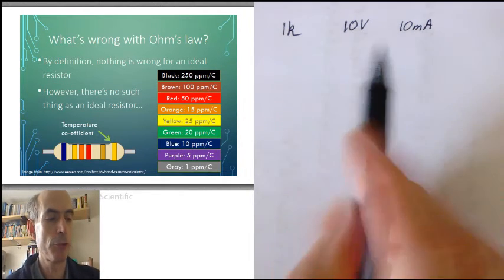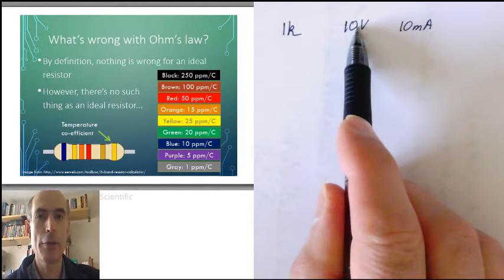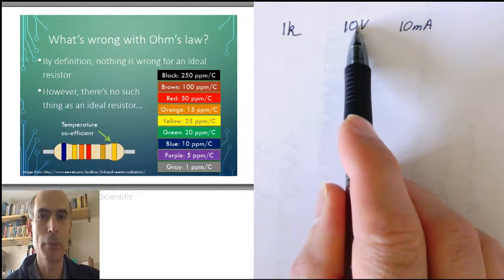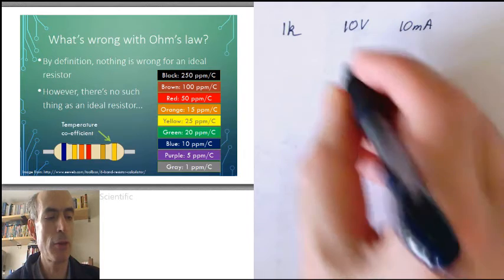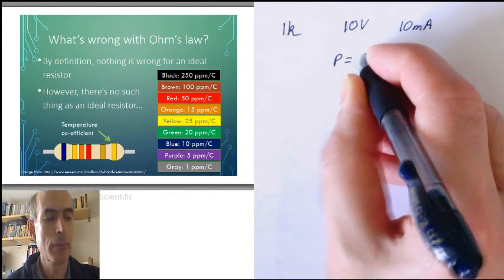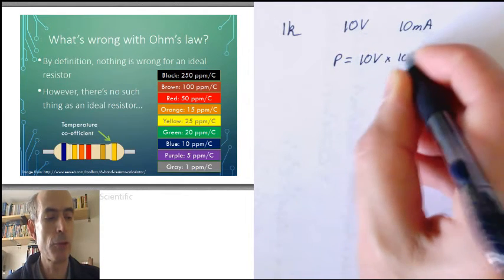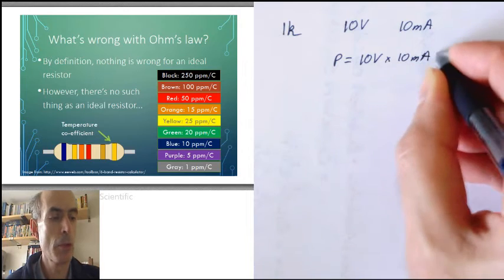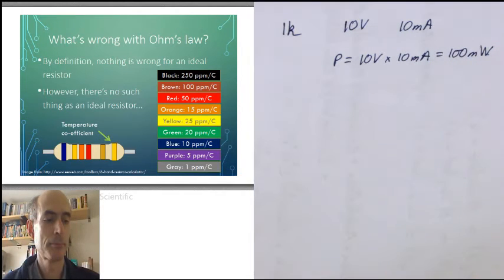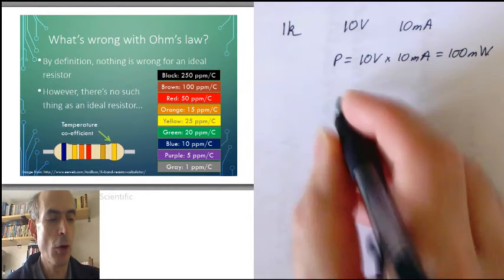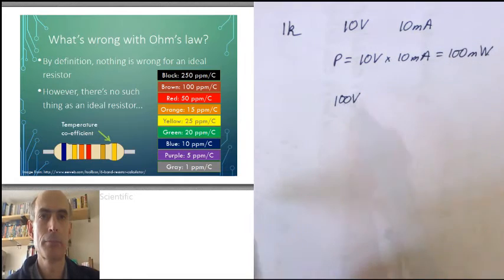Now, if 10 milliamps is flowing through the resistor, and there's 10 volts across the resistor, then the power being dissipated by that resistor is 10 volts times 10 milliamps, or 100 milliwatts. Now, supposing that I increase the voltage across this resistor so that it's now 100 volts.